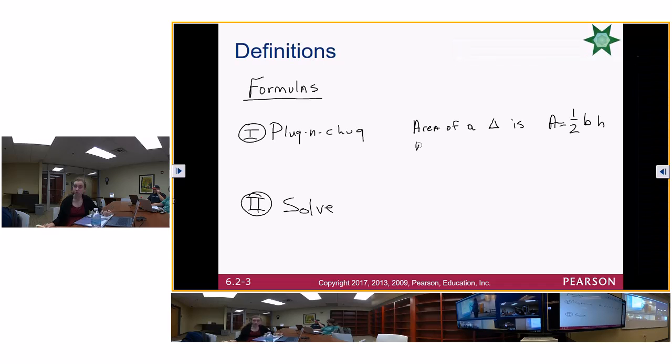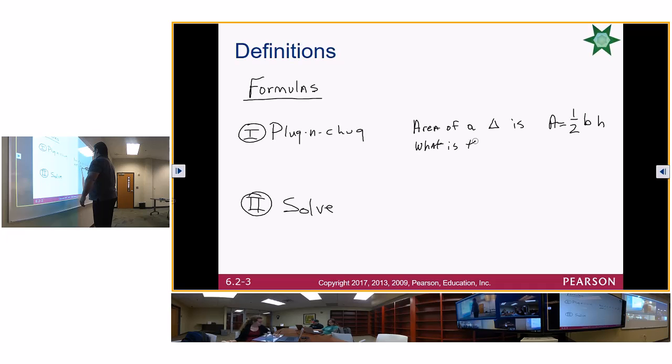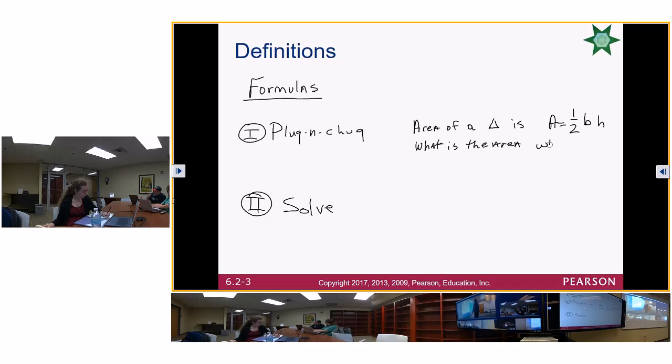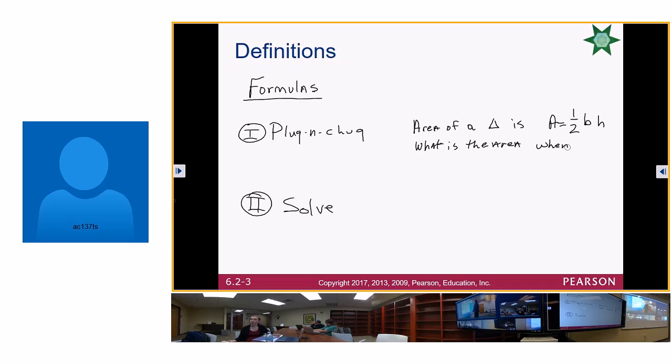What is the area when B is equal to 5 and H is equal to 12? So what do we do? Plug and chug.